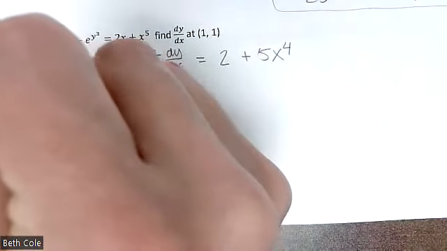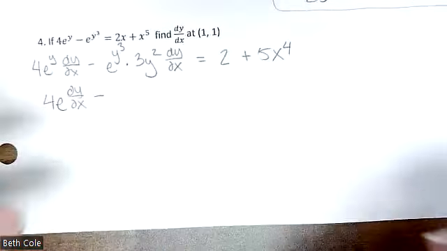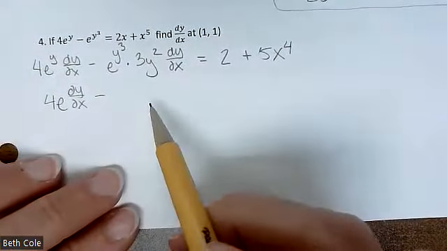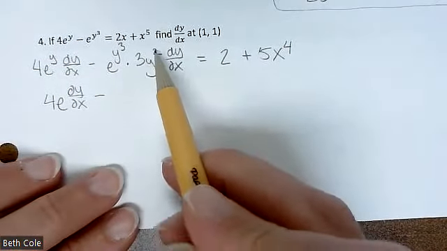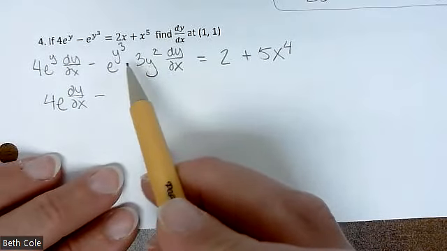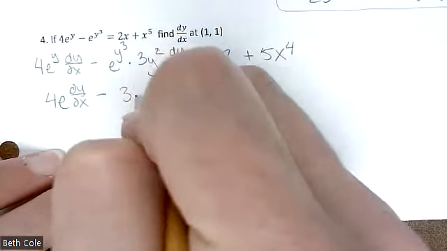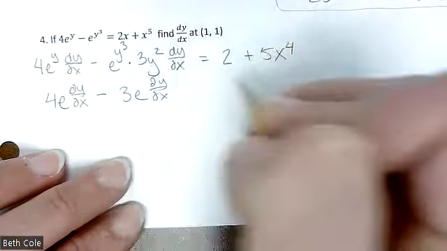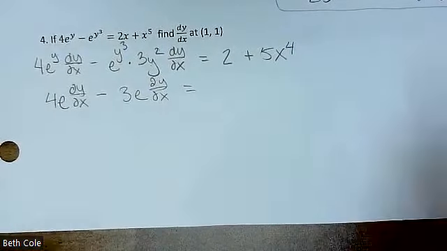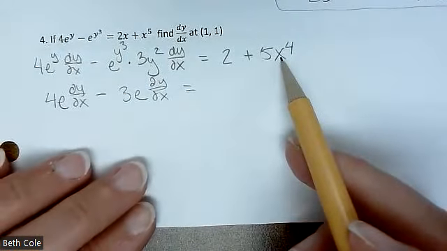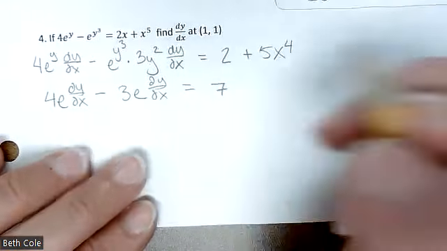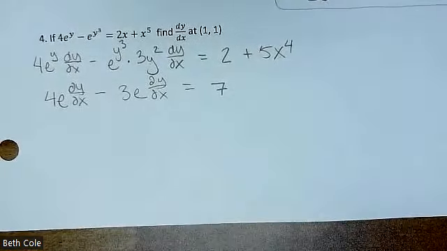So it would be 4e dy/dx minus, let's see, this would be 1 squared there times 3 would just be 3. So 3e dy/dx equals, and then if you plug in 1 for x, you would have 7. Well, 5 plus 2 and then 7.